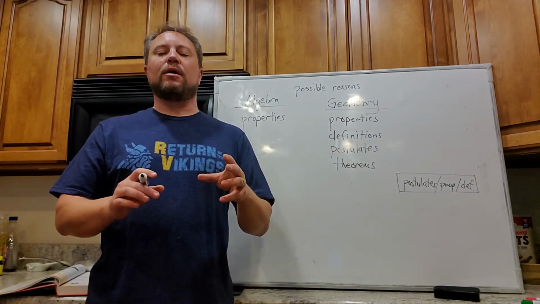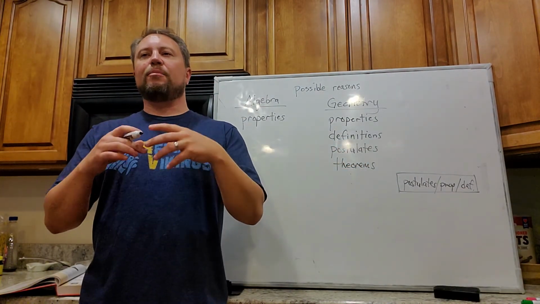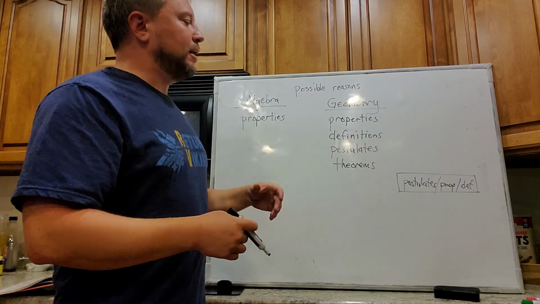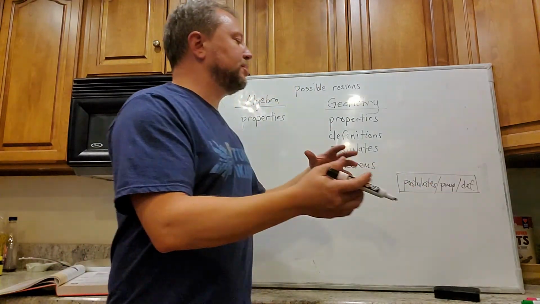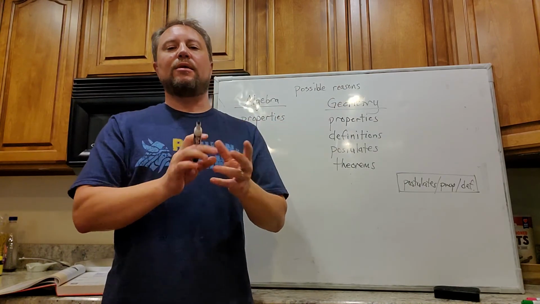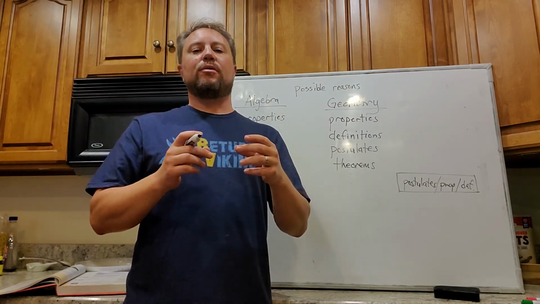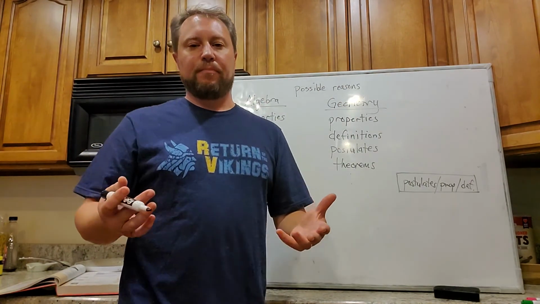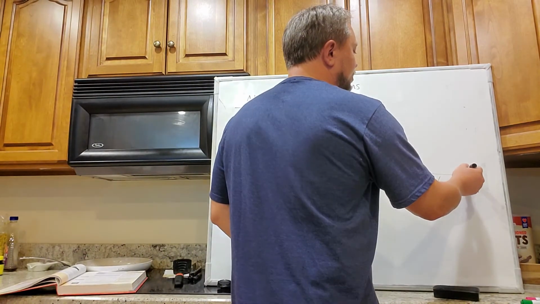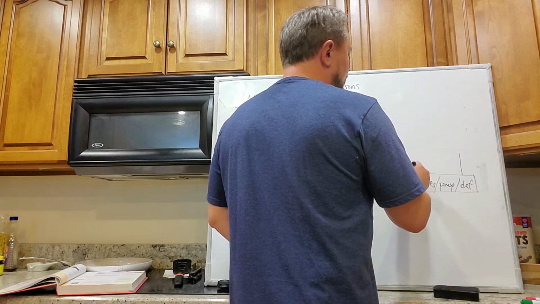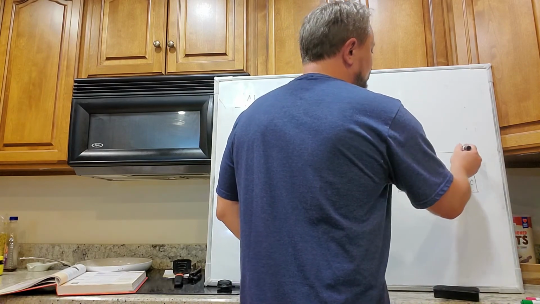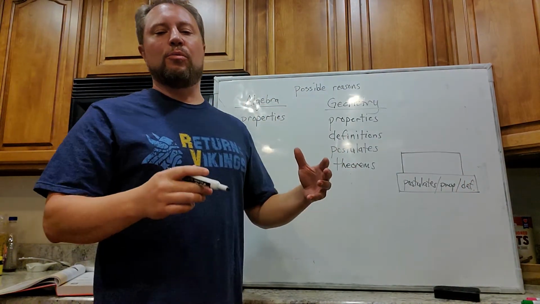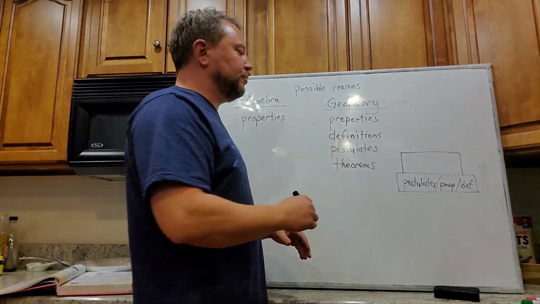That's like our beginnings, our basic building blocks. And then by putting those postulates, properties, and definitions together, we should be able to create our first theorem. So our very first theorem that we make up would be like the first story of our house. We're building on that foundation.